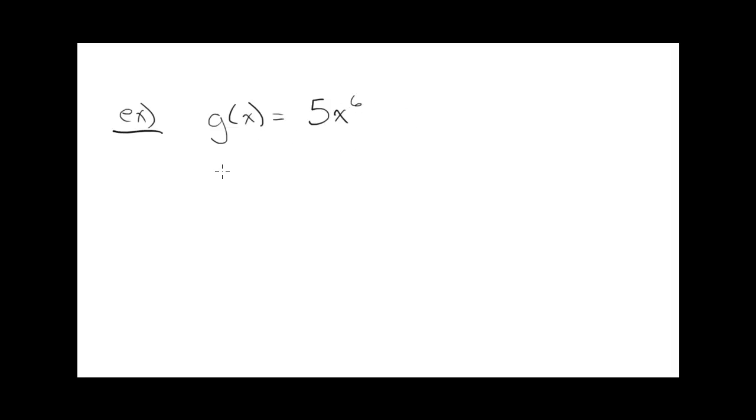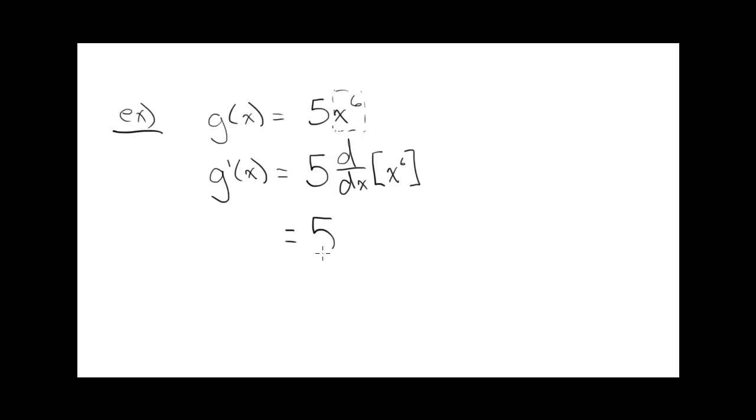That's saying that g prime at x is just going to be 5, the constant, times d by dx of x to the 6. Now we can use our power rule: 5 times 6x to the 5, and then you can multiply the 5 and the 6. So 30x to the 5.